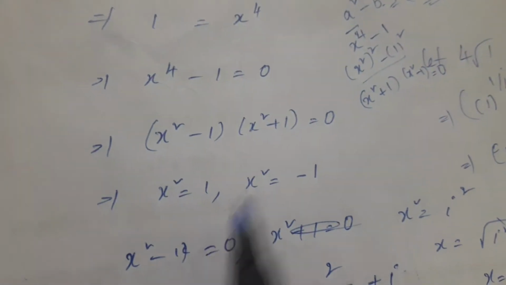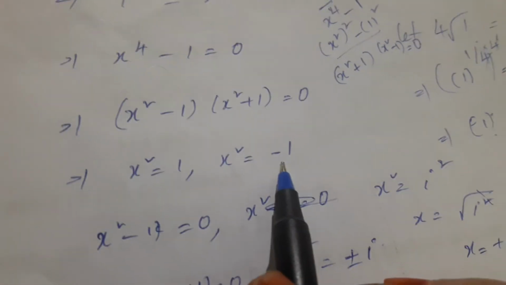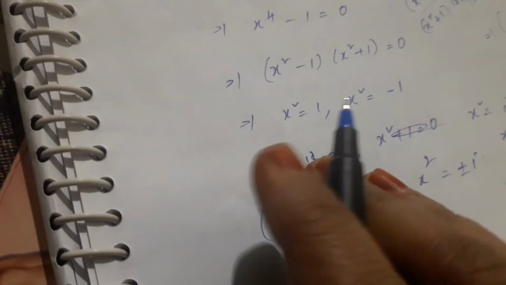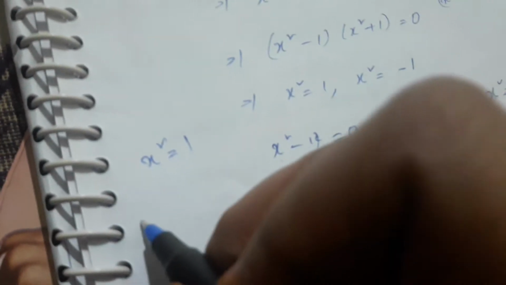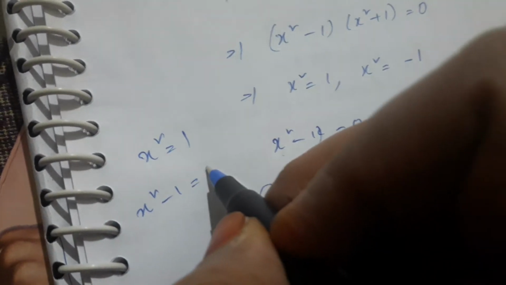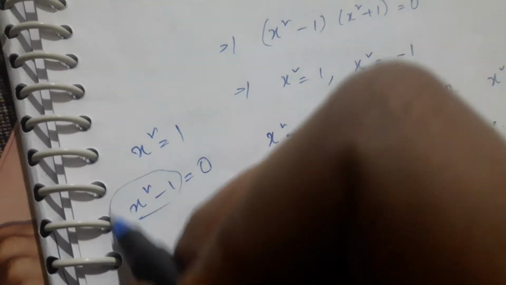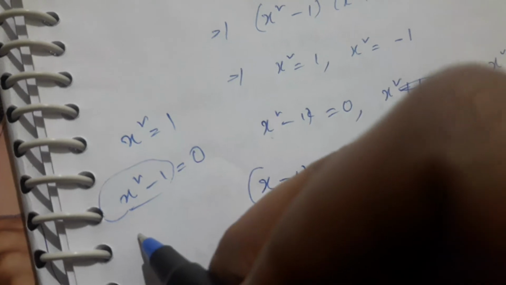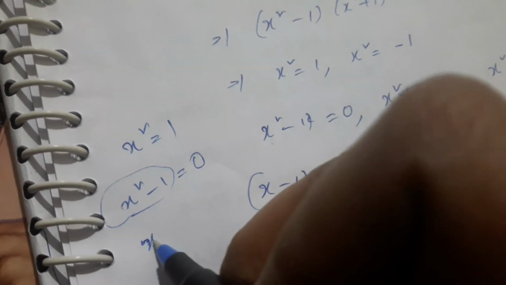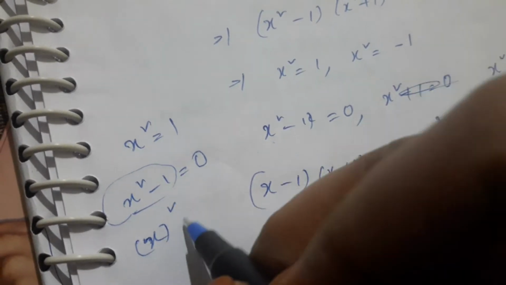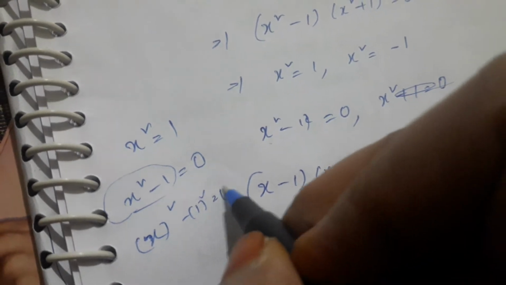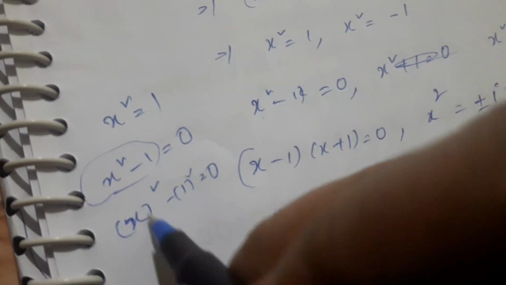x square is equal to 1, and x square is equal to minus 1. Taking x square is equal to 1, it can be written as x square minus 1 is equal to 0. It is in the form of a square minus b square. The formula is a square minus b square is equal to (a plus b) into (a minus b).